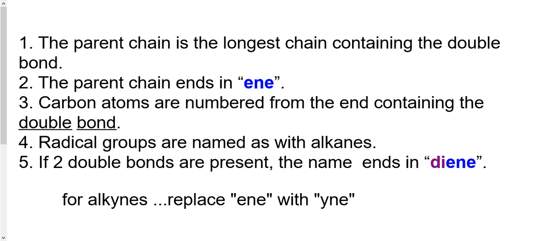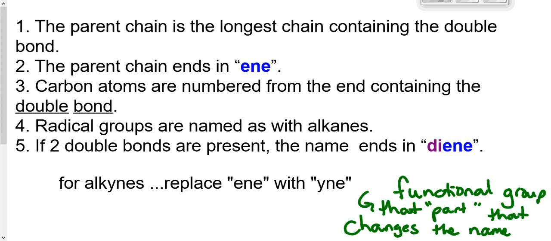From now on, because we have something called a functional group, something that changes the name of the alkane, that always gets precedence in our naming. So the functional group in our case will be the double or triple bond, and it will always have to be given the lowest possible numbering.